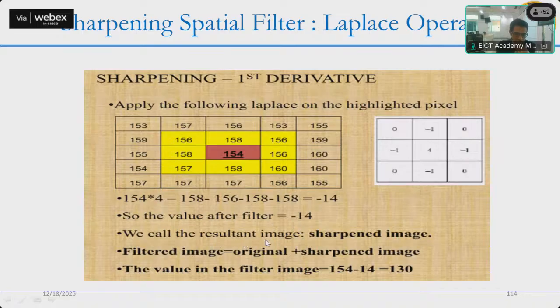We call this resultant image the sharpened image, the filtered image. But remember, this minus 14 is not the filtered image. Which one will be the filtered image? Can you recall? We just discussed it. What will be the value of the filtered image at that pixel? Anyone's guess? Anyone's idea?